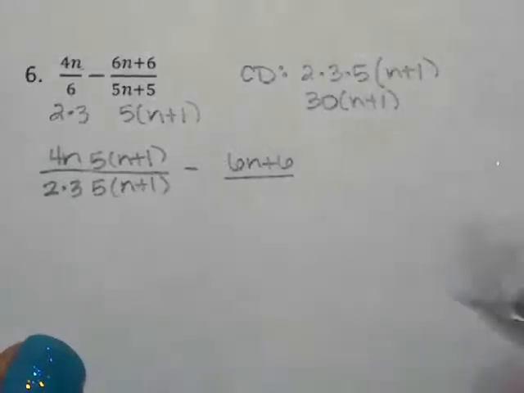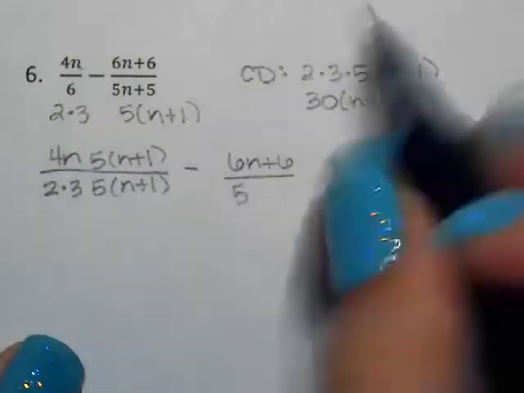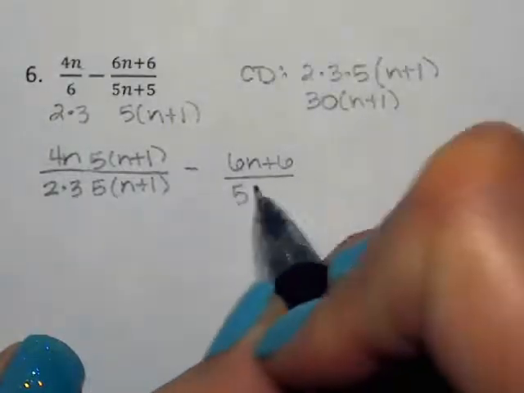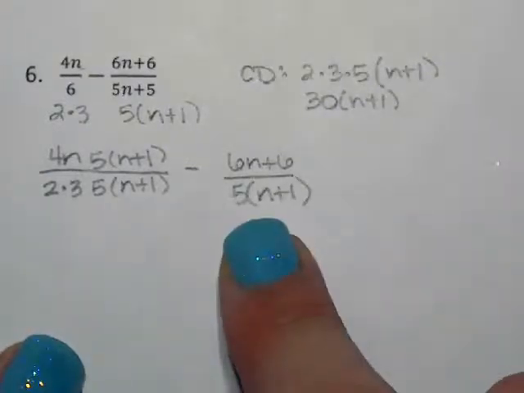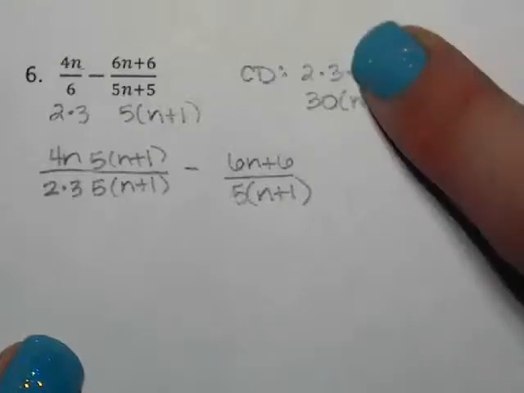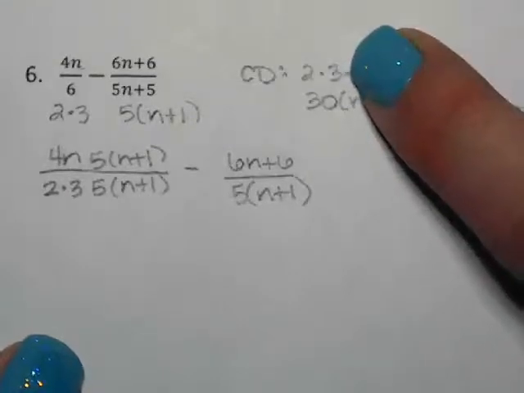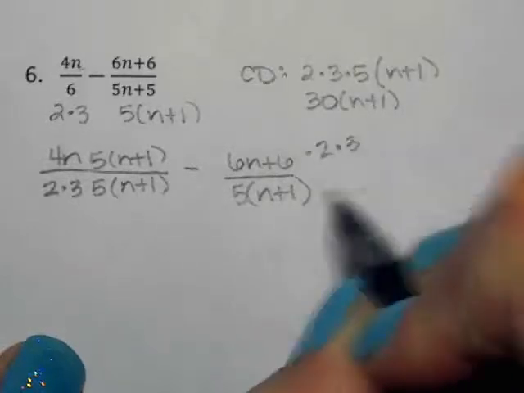Is 5 multiplying times 3? Oh. Okay, so this one has the 5 and the n plus 1. So what is it missing? The 2 and the 3. Okay.